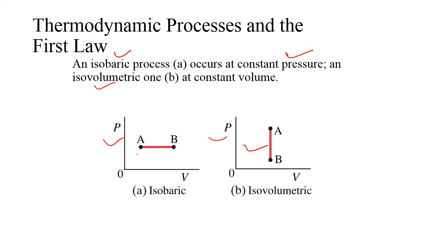Now we are going to find the work done. Is it possible to find the work done in isochoric? Isochoric means volume constant, so if the volume is constant, there is no work done. That's why we are not going to find the work done in the isochoric process.